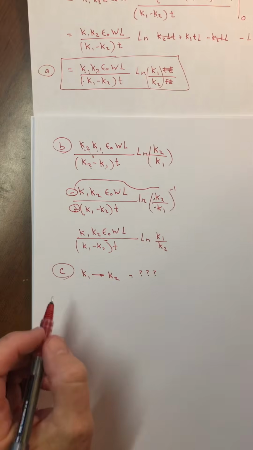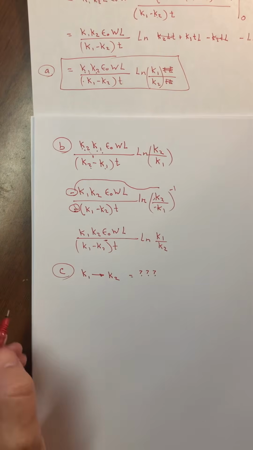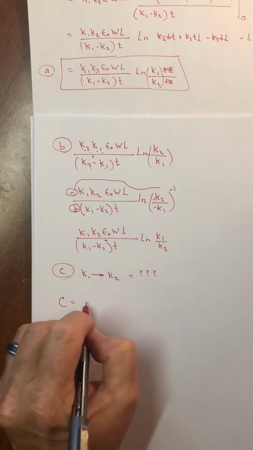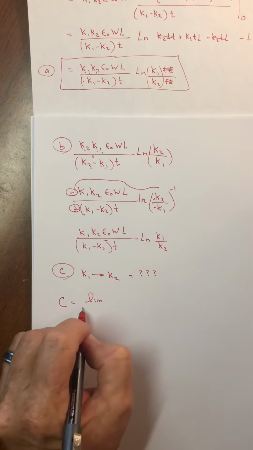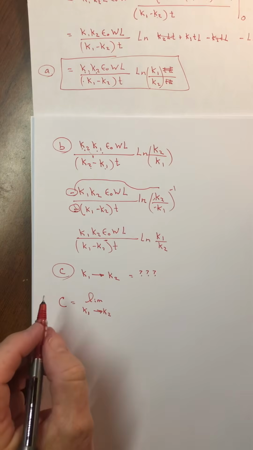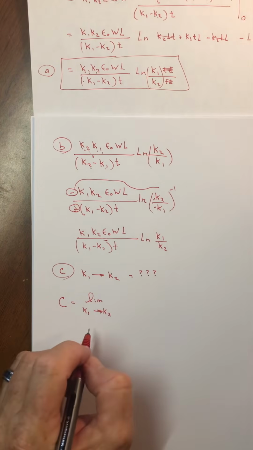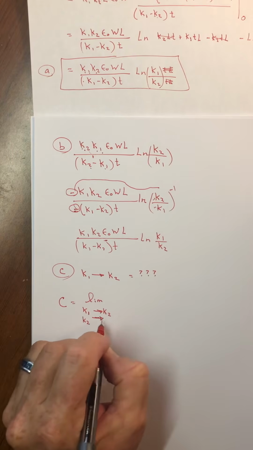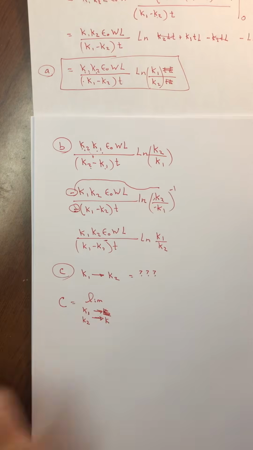All right, so let's take that limit. So total capacitance is, and you might say the limit as kappa 1 approaches kappa 2. Actually, the way they write it is they both approach just kappa. No 1 and no 2 anymore.